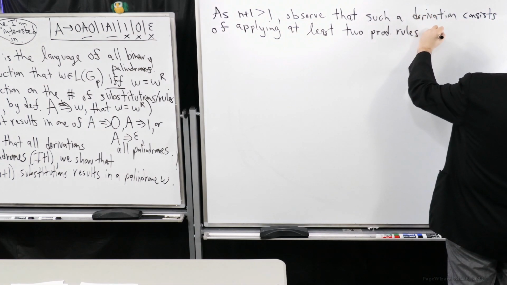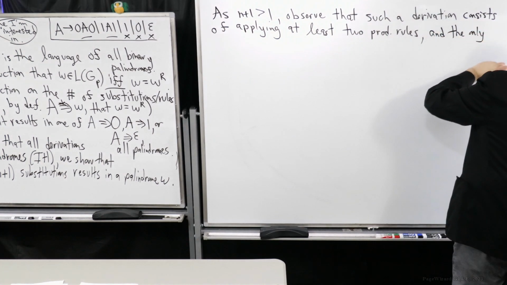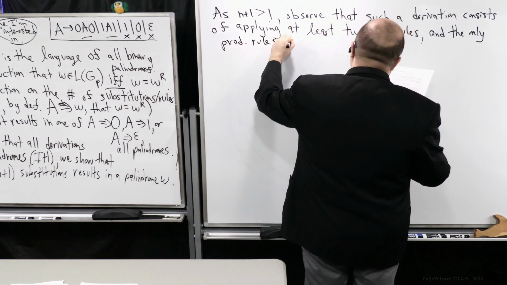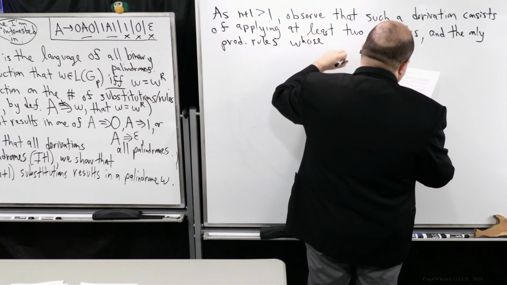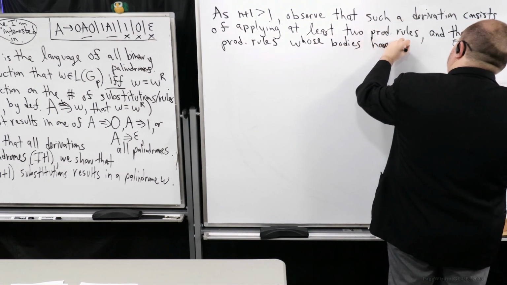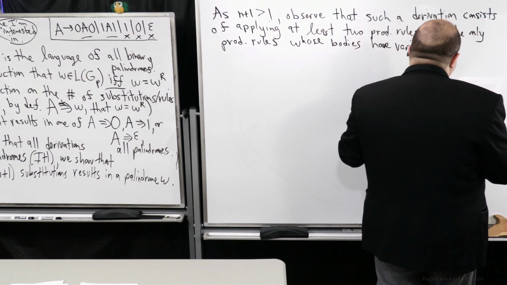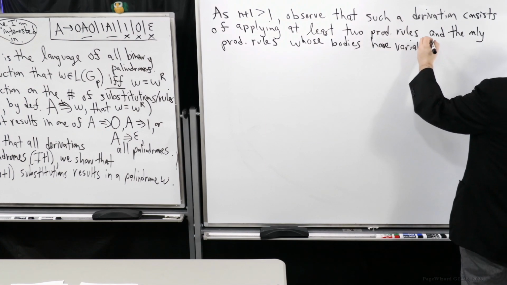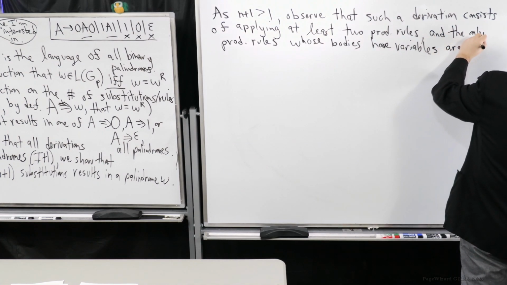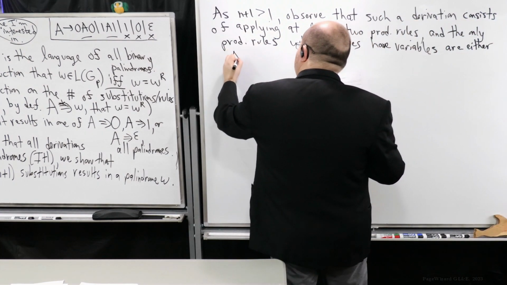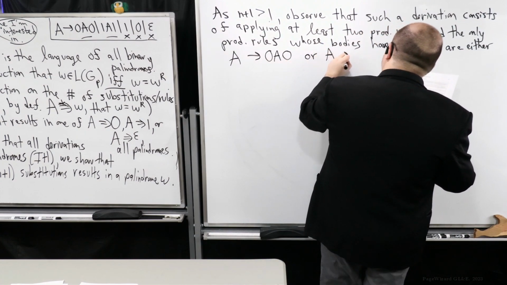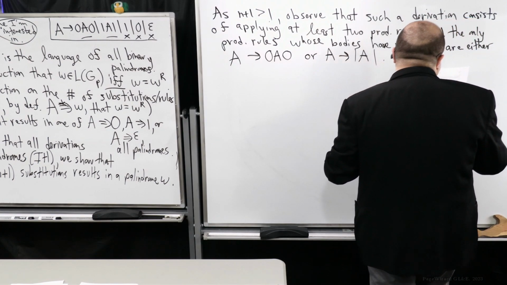And the only production rules whose bodies have variables, because if it has a variable, then you most certainly don't have a terminal string, are either A produces 0A0, or A produces 1A1, right? Those are your only 2 options.